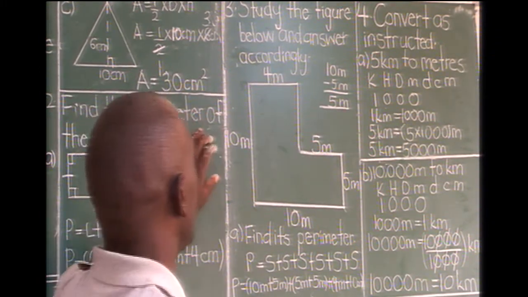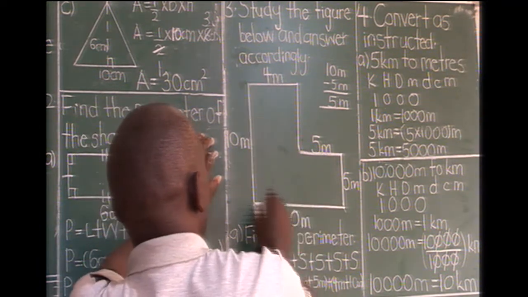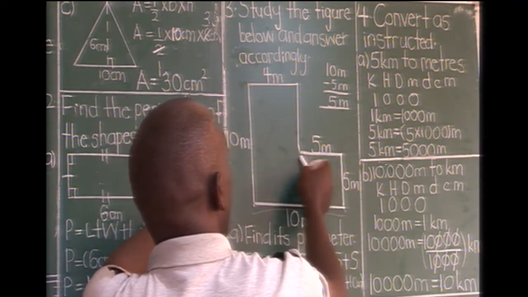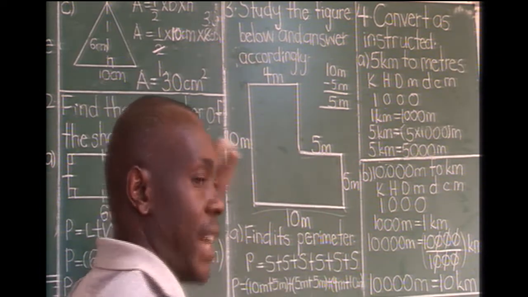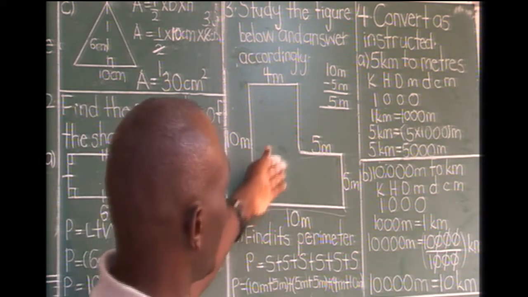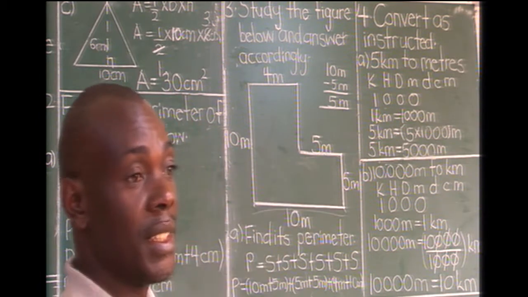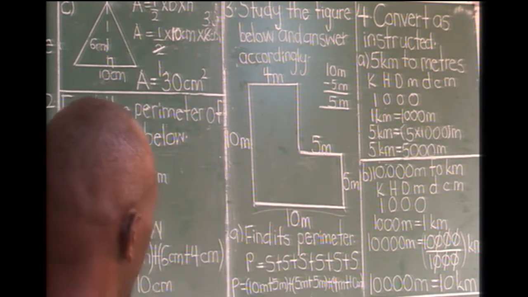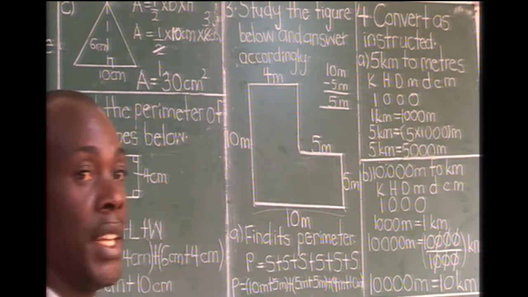When you count its sides, it has got 1, 2, 3, 4, 5, 6 sides. It is a 6-sided polygon not yet talked about, and yet teacher told us we are only dealing with a rectangle, a square, and a triangle. How then did he bring in this one? Please don't worry. You will see your rectangle and square come out later.